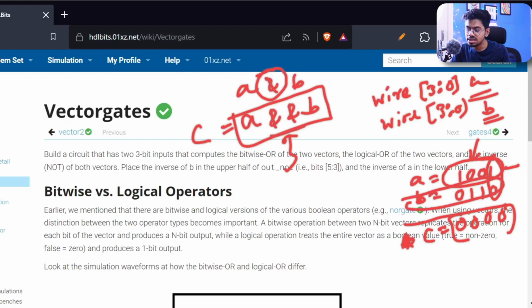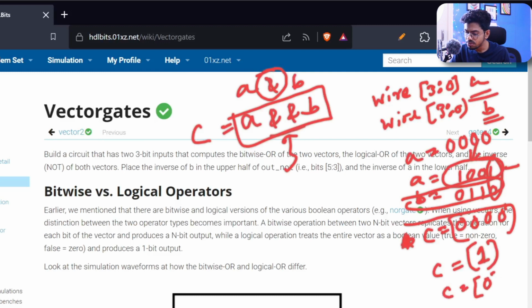Then b, is it 0? No, it's not 0, it's a non-zero number, 0110. So if two non-zero things are getting ANDed, then what would the answer be? The answer would always be true. So my C will be 1 only. I'll get only a 1 bit answer. If here your A is 0000, then our C will become 0.